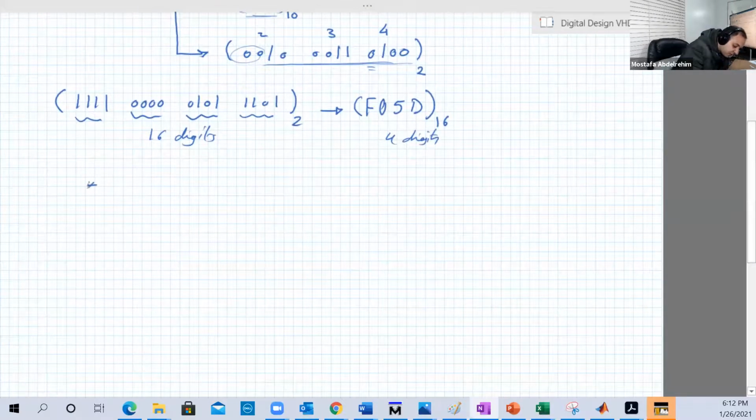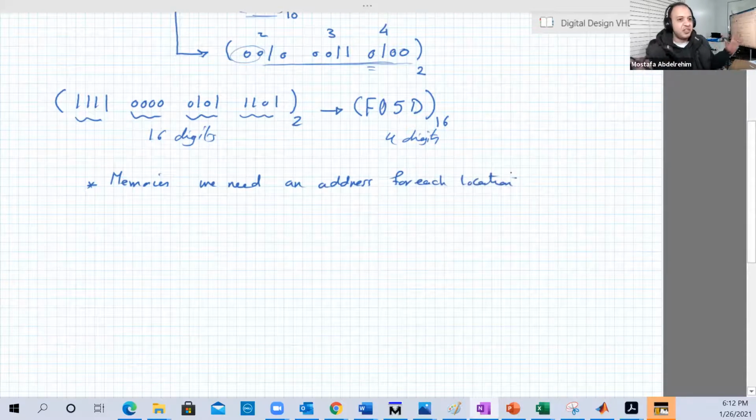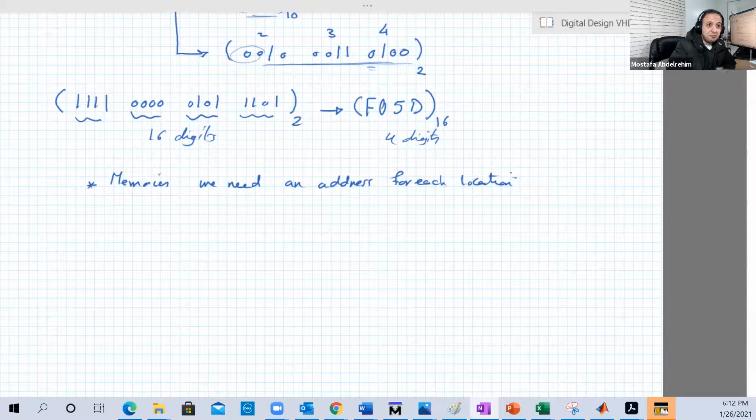So in memories, we need an address for each location in the memory. Let's give very simple examples. Let's say you have very simple memories that only have two locations.